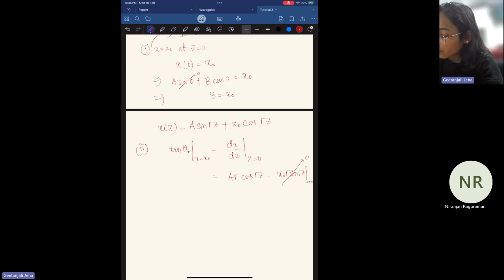The sine term will be 0, and only this part will give A gamma. So for this case also we get the amplitude A as tan theta 0 over gamma.